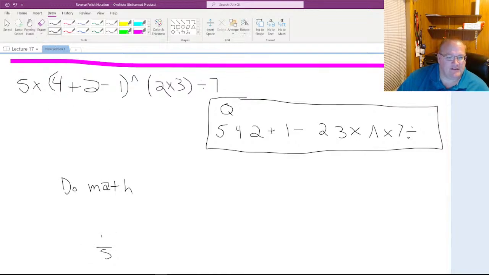Let's see. So 5, 4, 2. We see a plus, so we add those two together and we get a 6. 1. 6 minus 1 is 5. Oh, that's right. Okay.